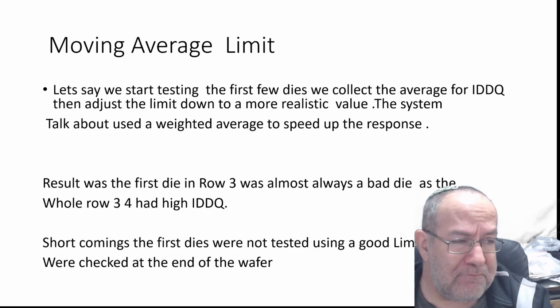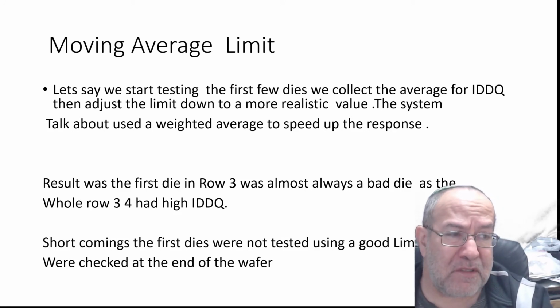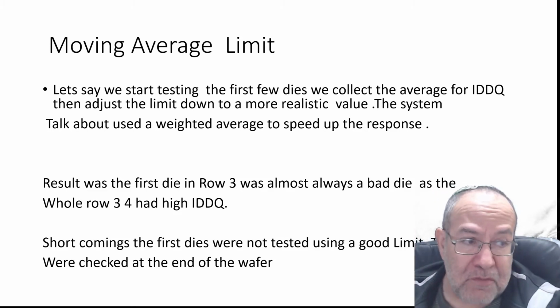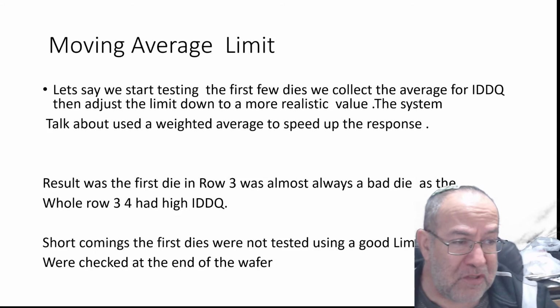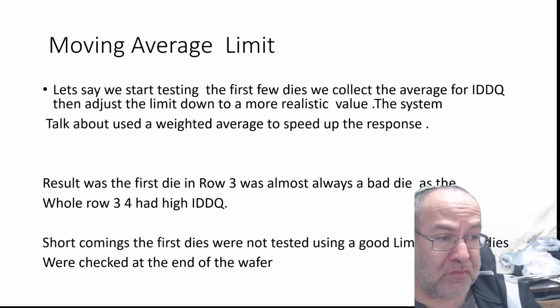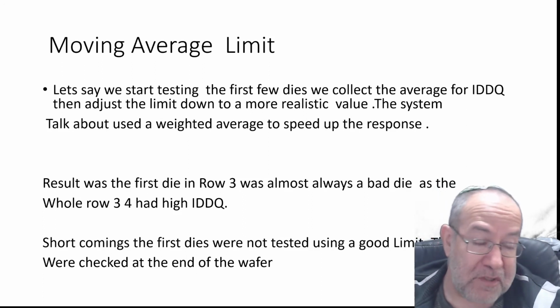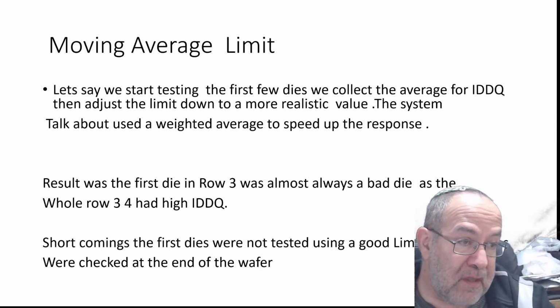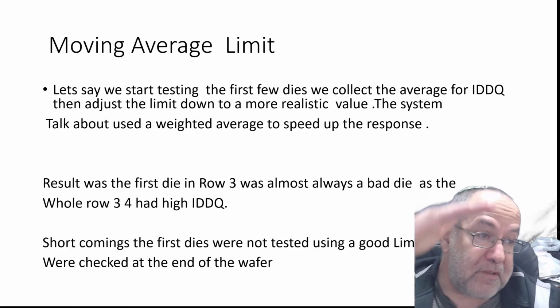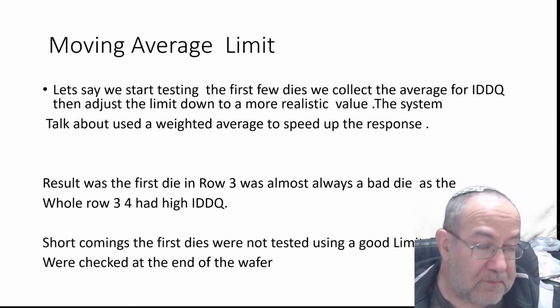Next issue is that if you're going to create your limits via a moving average, it's almost impossible to detect a shift in the process. If your values are going up and down, your limits are going to go up and down.